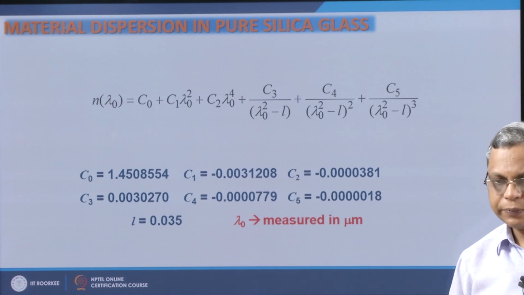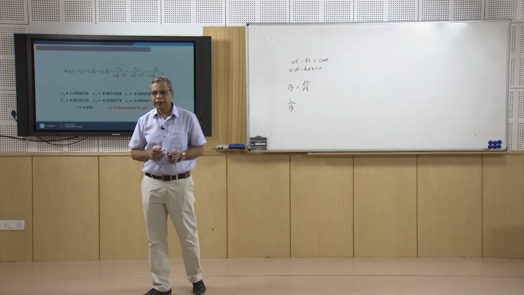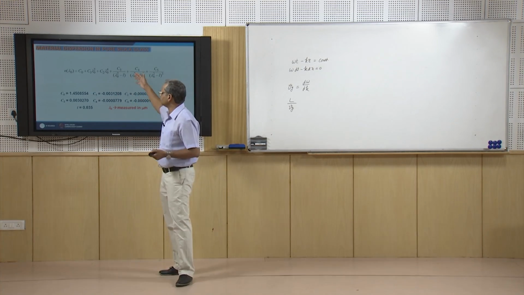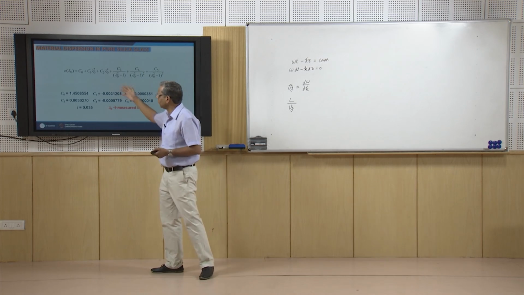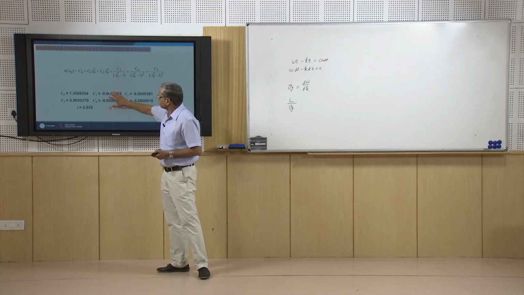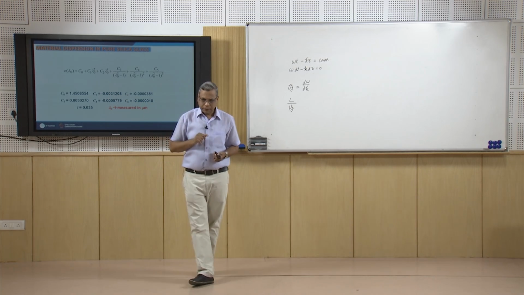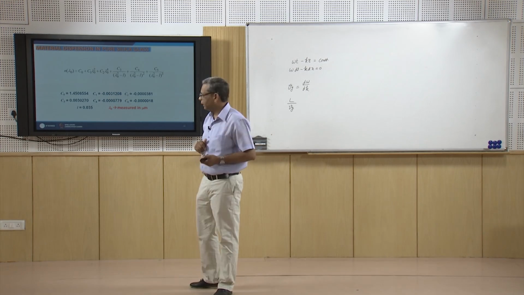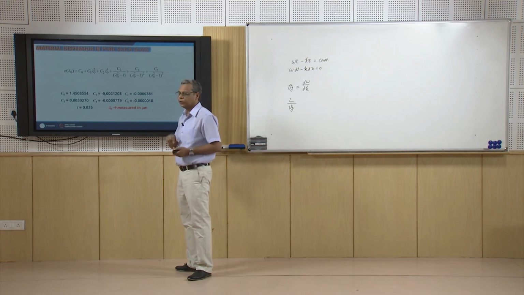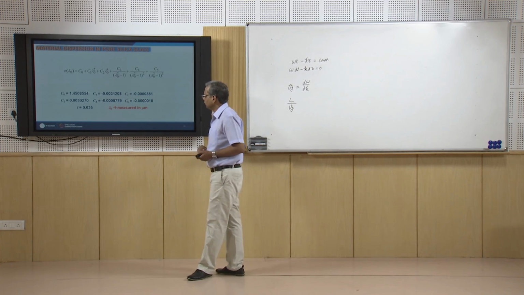What is done is basically you measure the refractive index of the material at different wavelengths and then fit this kind of relationship to find out the values of these constants. So these values are also experiment dependent, but these are quite accepted values in the literature.